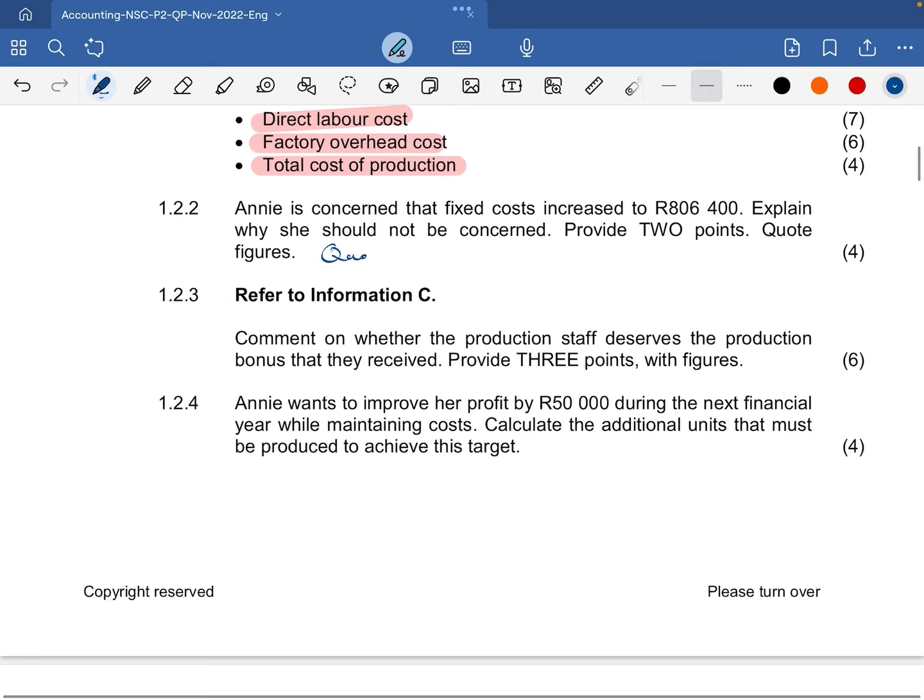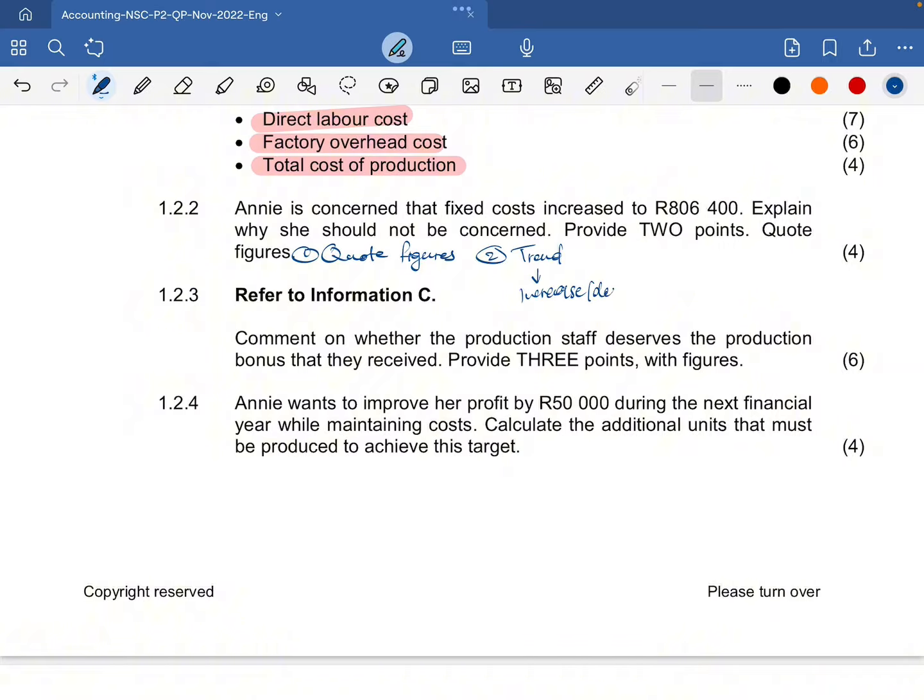You need to quote figures like they have said to you. That's the first thing. The second thing you can do is identify and mention the trend. By that I mean, is it an increase or decrease? Then the last one, you can also calculate the difference.